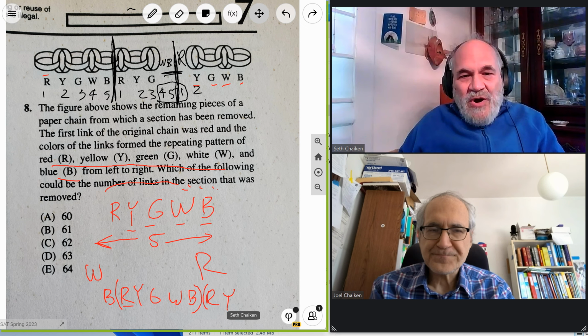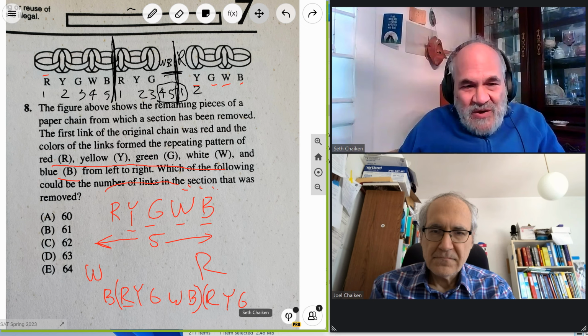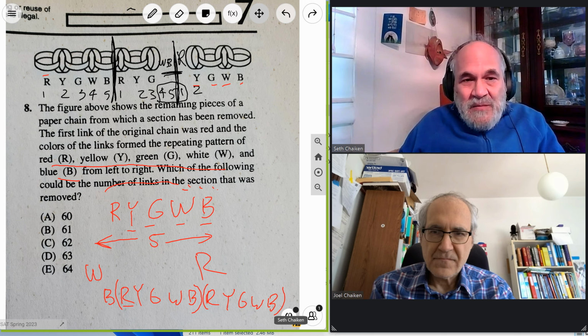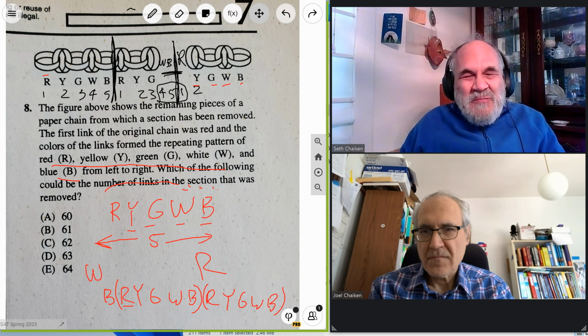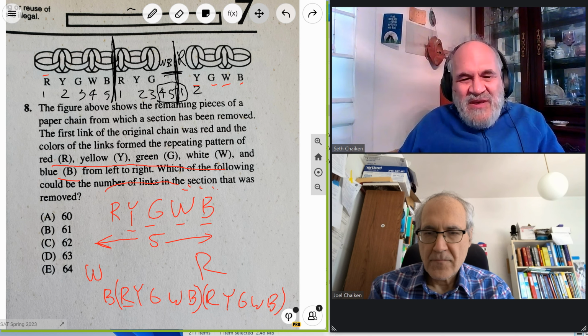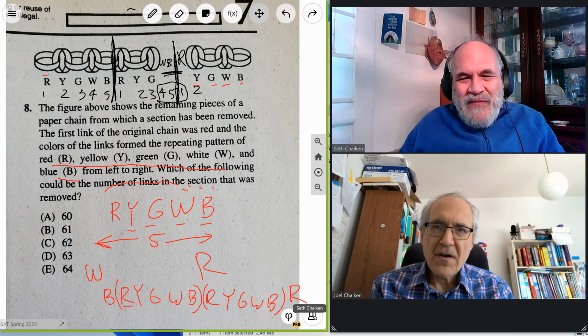R, Y, G, W, B. And then after the B, well, the pattern, okay, I figured out that the gap begins with an R. So after the last repeated section, there must be an R. So the R's got to be a multiple of 5.